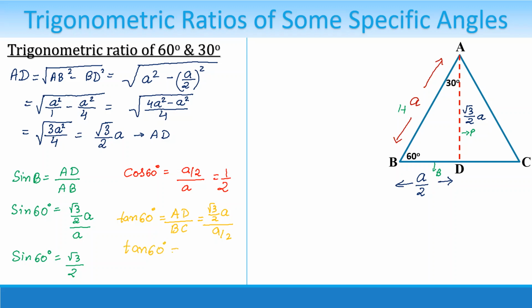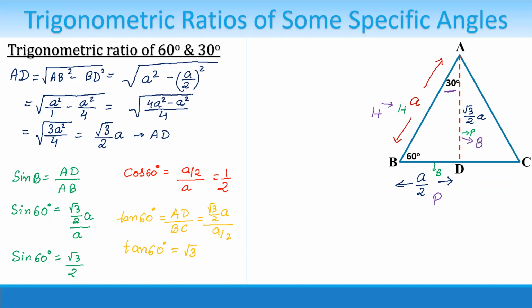We will get tan 60° is equal to root 3. So I have shown you how we can calculate the value of these trigonometric ratios for 60°. Same way we can go on for the angle 30° also. Now if we consider this, perpendicular will be BD, hypotenuse will remain as AB, base will be AD.